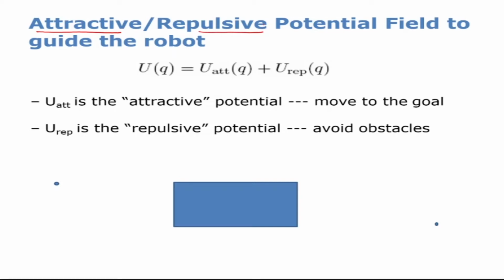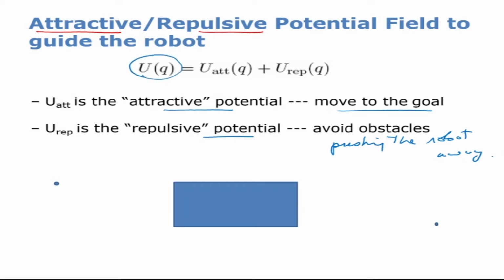The attractive potential will move the robot towards the goal, and the repulsive potential will push the robot away from the obstacles. So it moves to the goal and avoids obstacles by being pushed away. The total potential at any point is the sum of the attractive potential plus the repulsive potential.